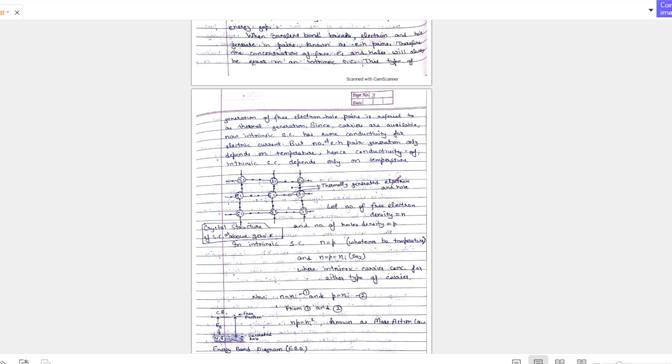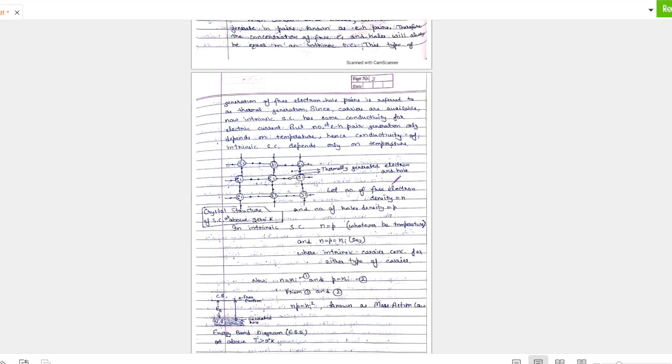So the only method to increase the conductivity of a pure semiconductor is temperature. But the temperature is not in our hands. At a large scale, like in homes, how can we control the temperature? We can control it in our lab, but not at people's homes.